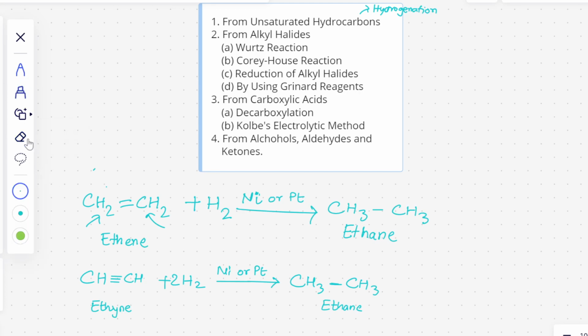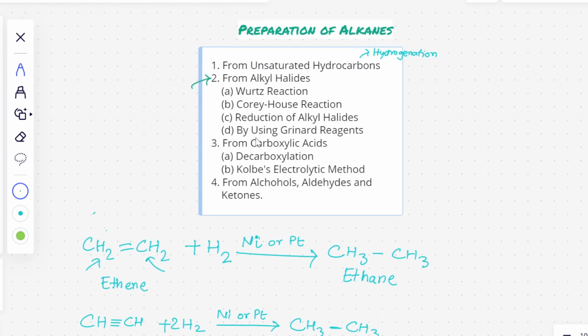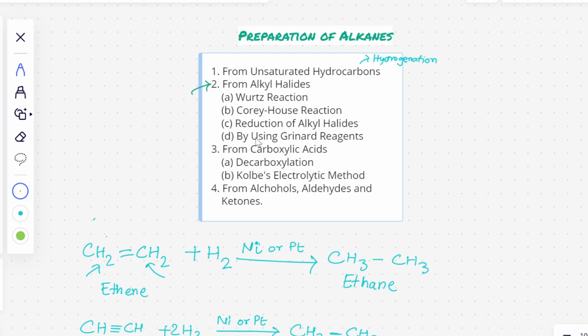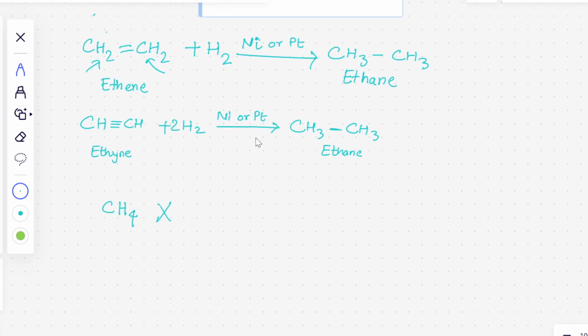Now moving on to the second method of preparation of an alkane from alkyl halides.